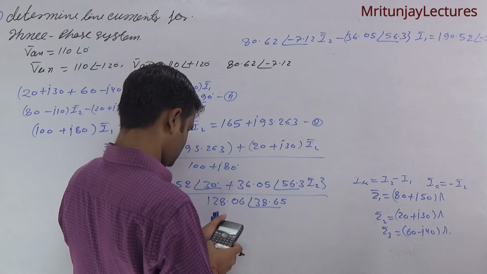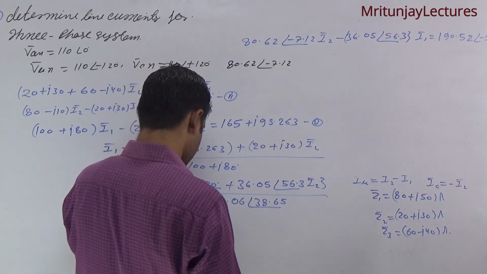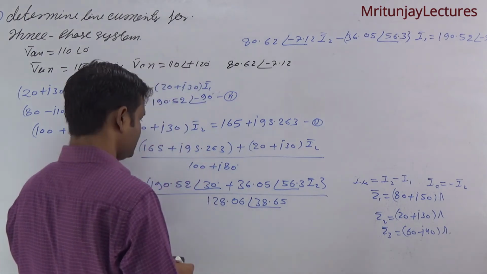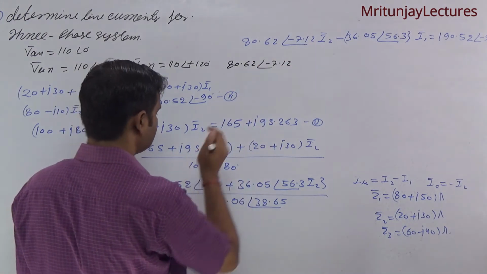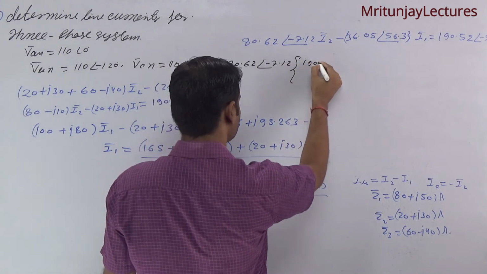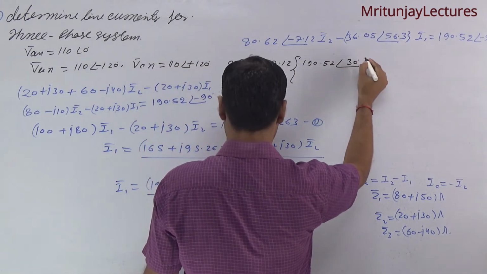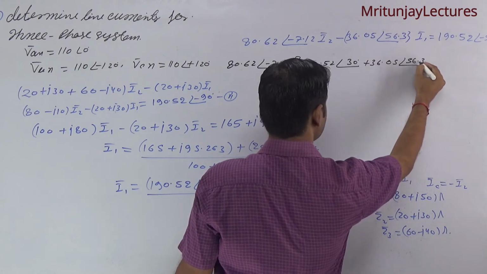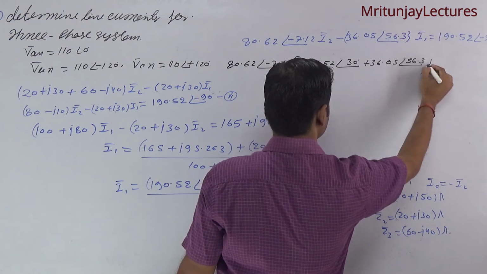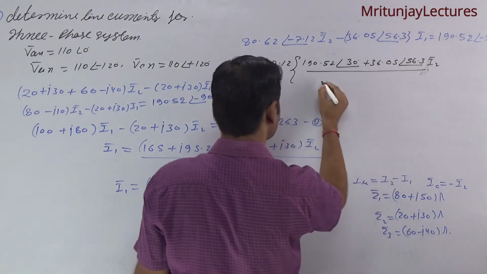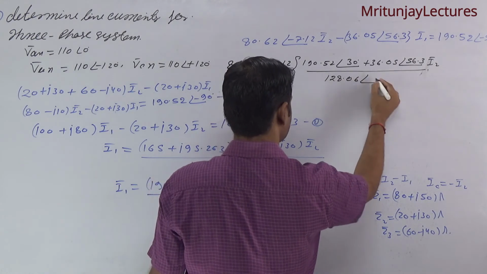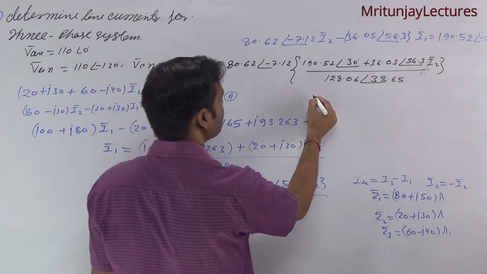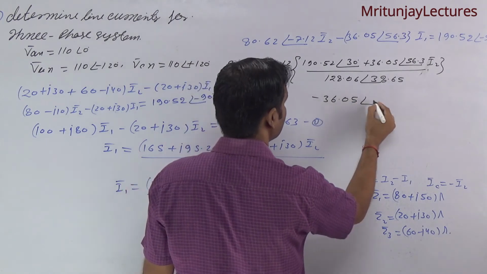Now this value and I2 here: 190.52 at the angle 30 degree plus 36.05 at the angle 56.3 into I2, divided by 128.06 at the angle 38.65, minus 36.05 at the angle 56.